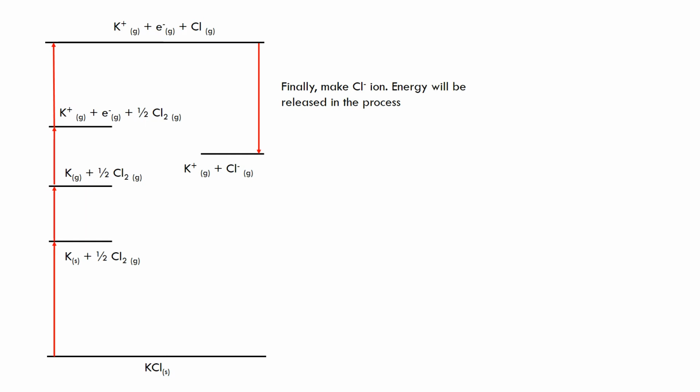Finally, I make my Cl- ion by adding an electron to chlorine, and energy will be released in that process. And the lattice enthalpy then is this number here, the number that I'm trying to work out. I'm going from my two gaseous ions to my solid state crystalline lattice.